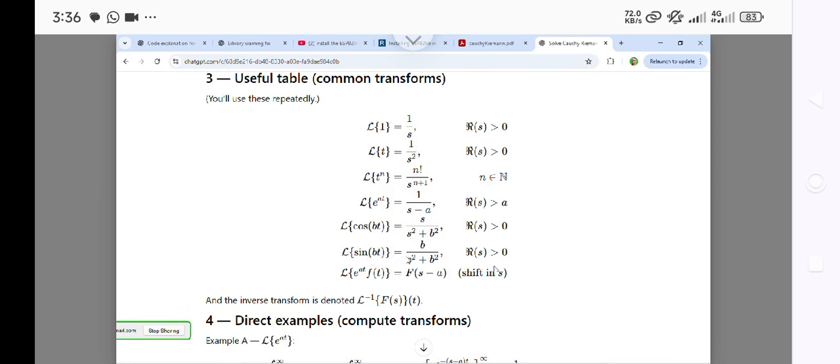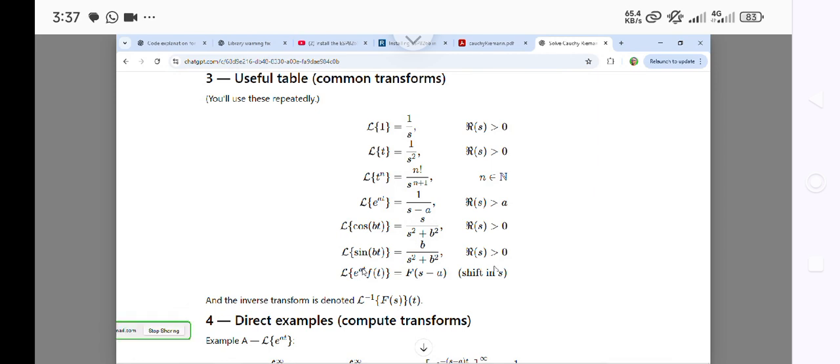So going to the next one, the same thing applies to all of them. So see this one also, same thing applies. This one, if you have exponential at, this is one of the places that people normally make mistakes. If you have exponential at times f of t, know very well this is not the definition of Laplace. In the definition of Laplace, what we have is minus st. In this case, we have at.